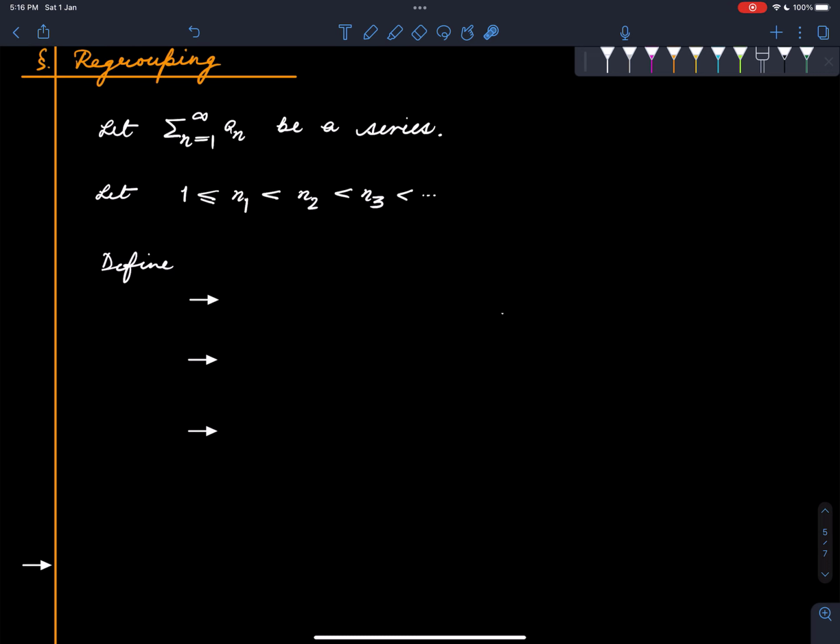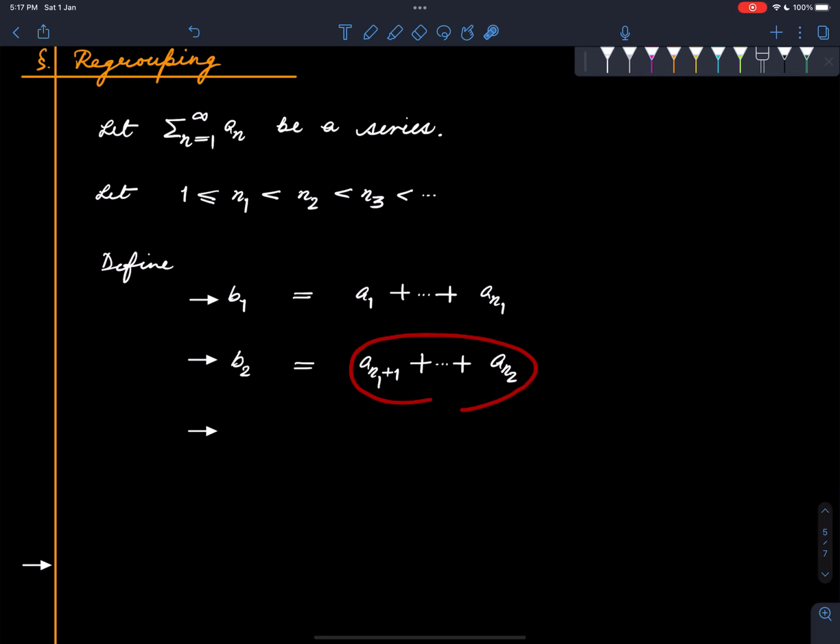And then let us consider one more concept, and that's it. So we have a series, and suppose we pick a strictly increasing sequence of natural numbers. Then we define b1 as the sum of the first n1 terms, then we define b2 as the sum of the terms corresponding to this interval.